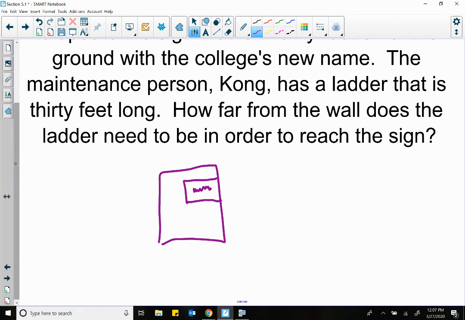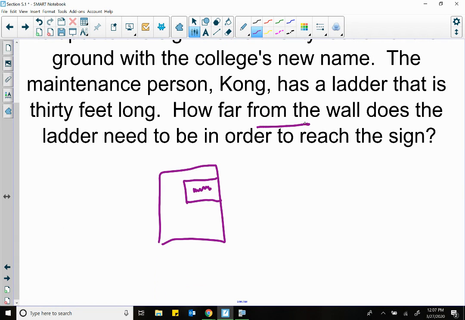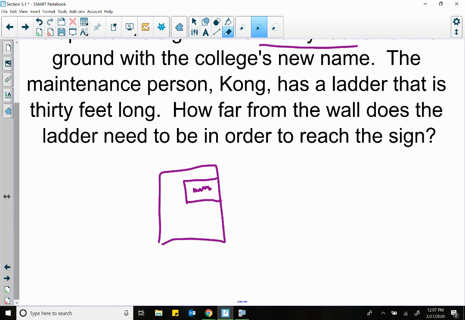And it tells you that the sign is 20 feet off the ground. So we now know that from here to here, that is 20 feet.